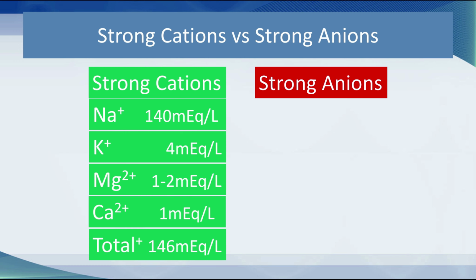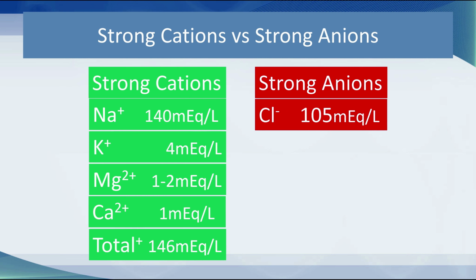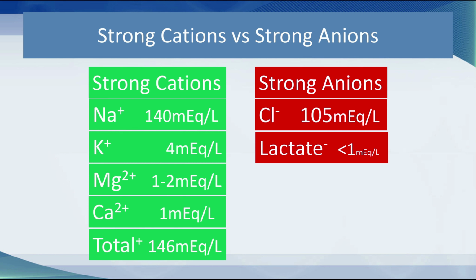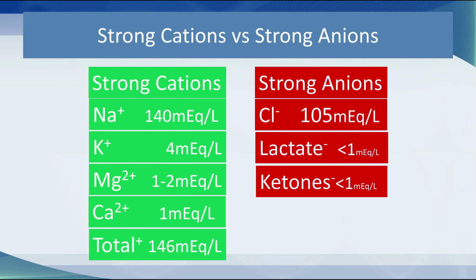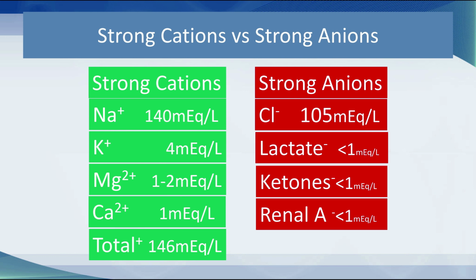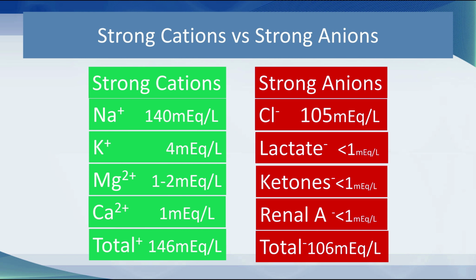The law of electrical neutrality must always hold, so all that positive charge must be balanced by negative charge. And the negative charges are chloride, 105 milliequivalents per liter, lactate, less than 1, ketones, less than 1, renal junk anions, less than 1. And so the strong anion content is only about 106 milliequivalents per liter.